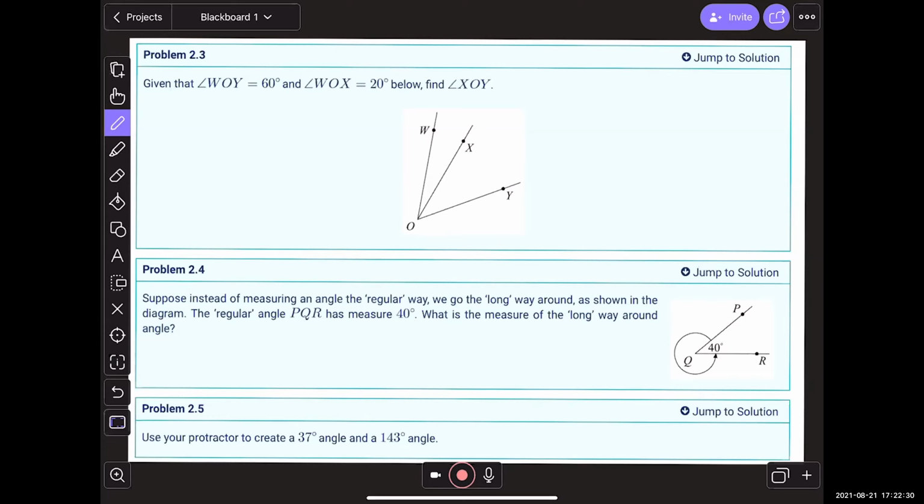Carrie, you there? Not hearing anything from you. Are you sure your mic works? Okay, if your mic's broken, just go ahead and use the chat. So what's the measurement of angle XOY here? 40 degrees. So how did you get that 40 degrees?